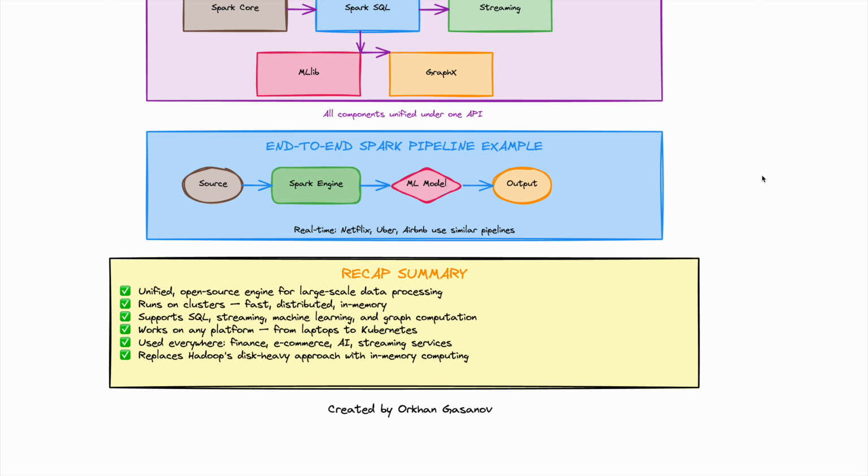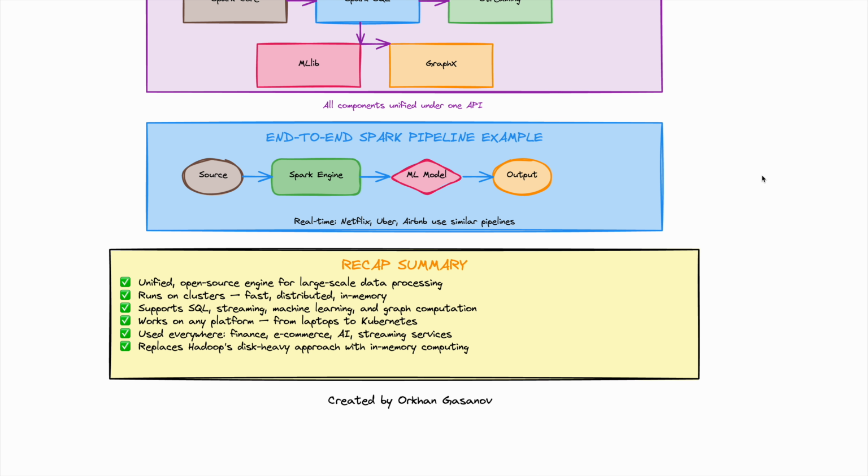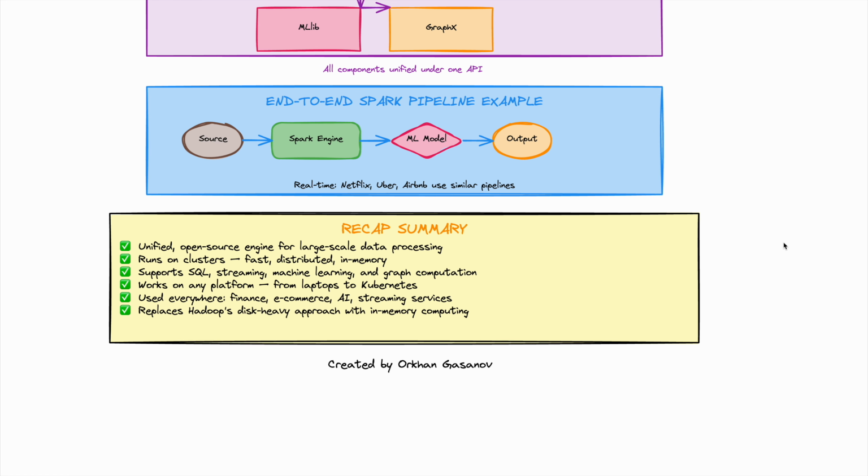To recap, Spark is an open source engine for large data processing. It runs on clusters. It's fast, distributed, and in memory. A cluster is basically a collection of nodes. It supports SQL, streaming, machine learning, and graph computation. It works on any platform.